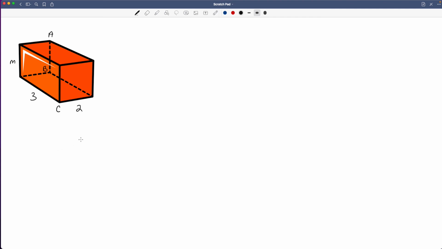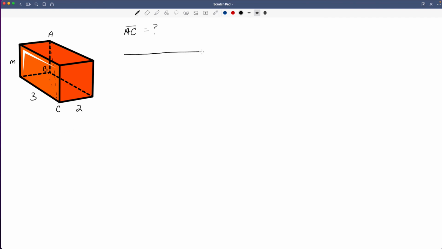All right, so what we need to do is find the length of AC. That's what we're looking for. So we're going to do the two-step solution, and we're going to find the diagonal we need to find from A to C. So we need to find the diagonal B to C first.